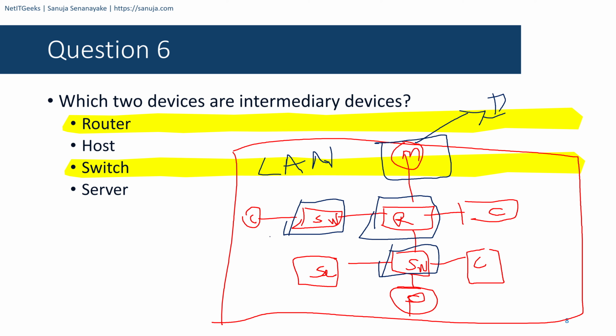The hosts and servers are end devices because they're at the end. The opposite of intermediate devices are end devices. End devices are typically not connected to any other networking thing.